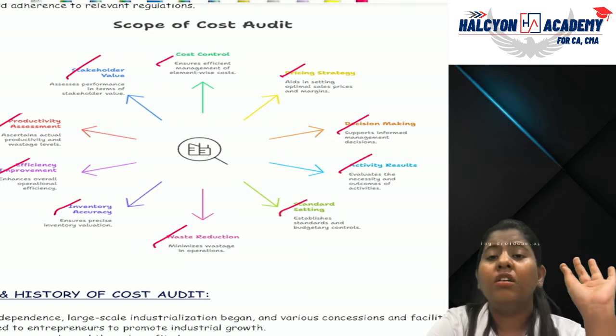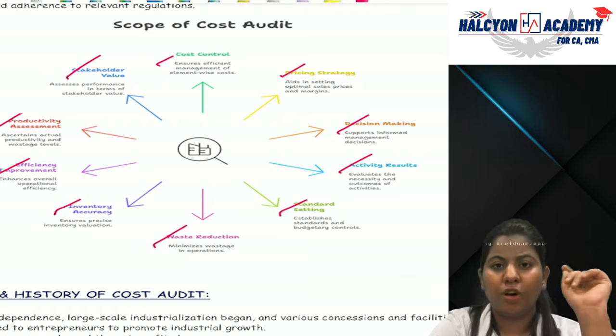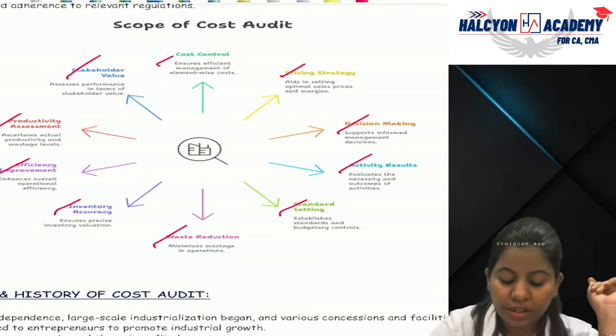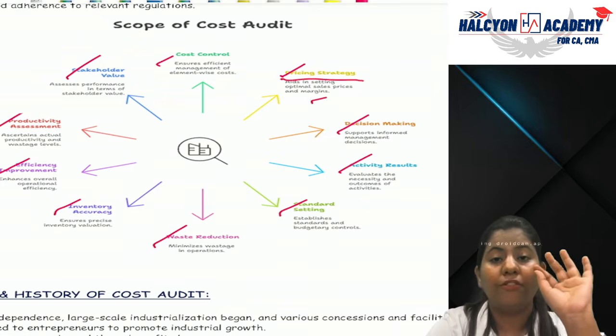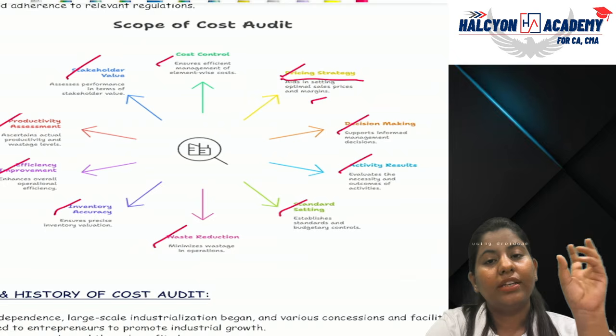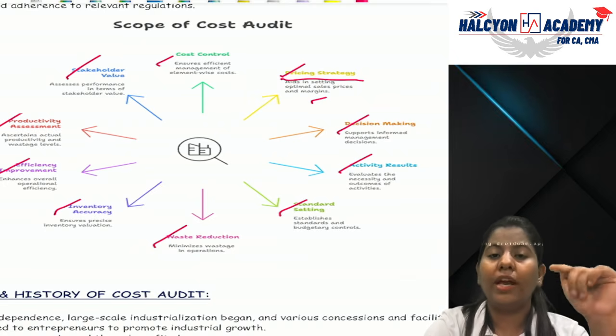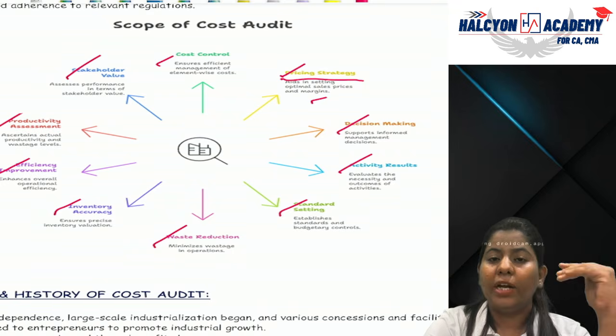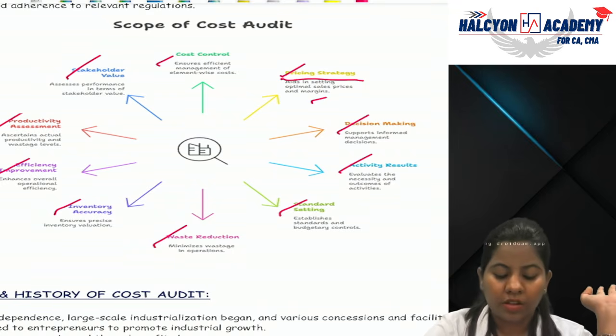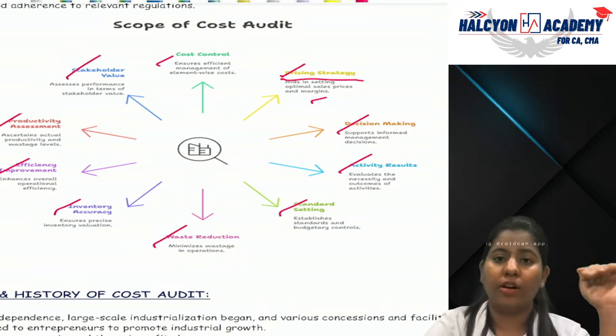You can write 1 to 2 lines for 1 point. And you don't have to write the key point separately and the explanation separately. You include the key point in the explanation only, and try to write 1 to 2 line points. 7 to 8 points are enough. Okay.